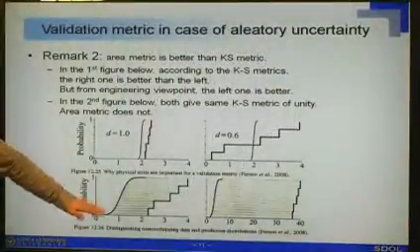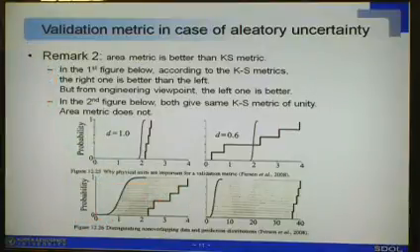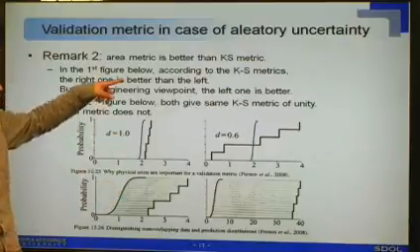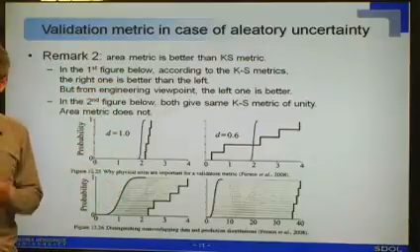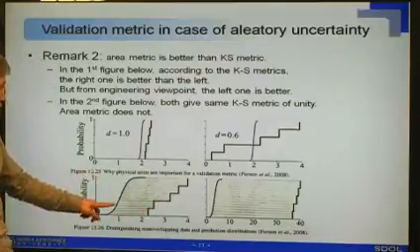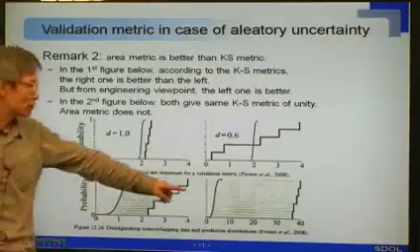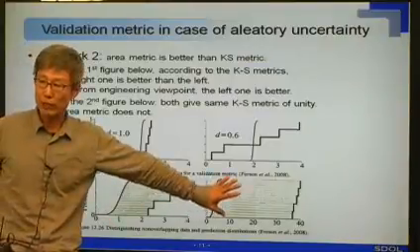Another one is given in these two cases. With the Kolmogorov-Smirnov metric, the maximum difference of CDF between this and this, we have the value of 1 here. And also the same 1 here.